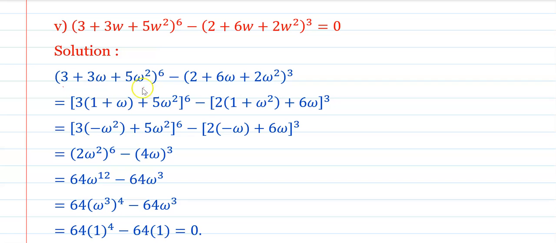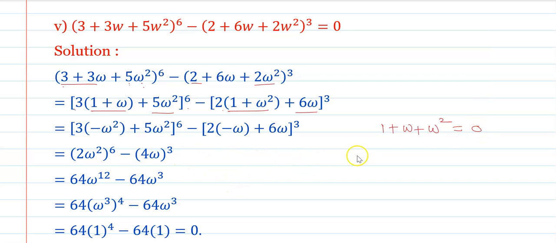Okay, and from these two we'll take the 3 as common, then in bracket you will get 1 + ω. 5ω², keep it as it is, raised to 6. What about here? That is a 2, and here is a 2ω². Take 2 as common, then in bracket you will get 1 + ω², and this is the 6ω. Again, using this formula 1 + ω + ω² equals 0.